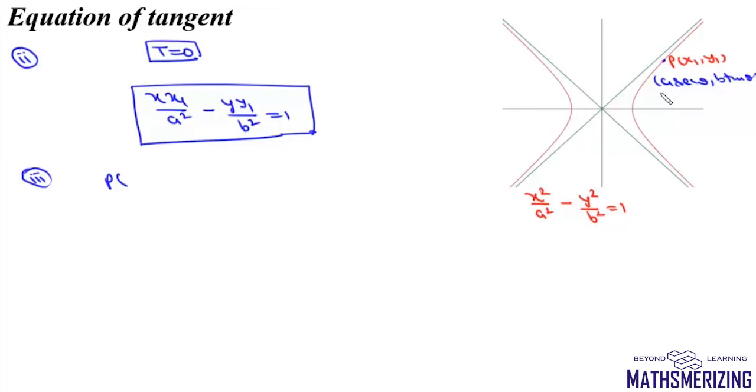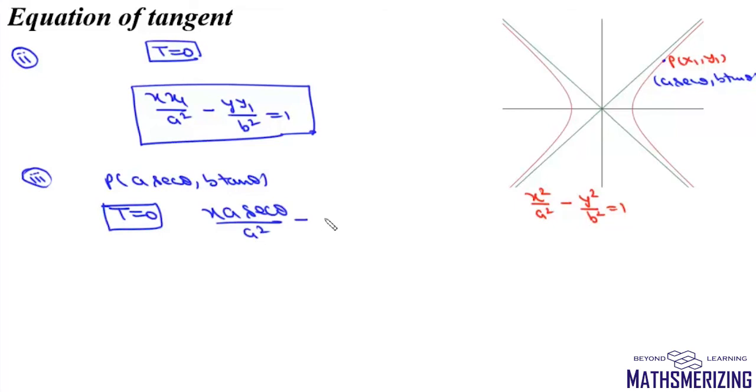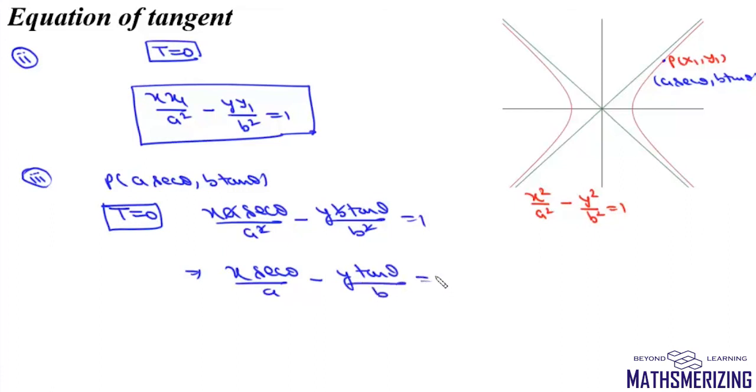So if we take this point P in terms of theta, which is a secant theta and b tan theta, in this case the equation T equals 0 will be x a secant theta upon a square minus y b tan theta upon b square equals 1. Here a and a will cancel, b and b will also cancel. So we can write this equation as x secant theta upon a minus y tan theta upon b equals 1, and that's our third equation of tangent.